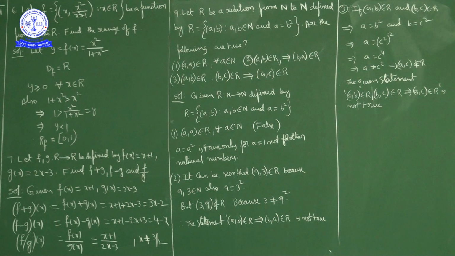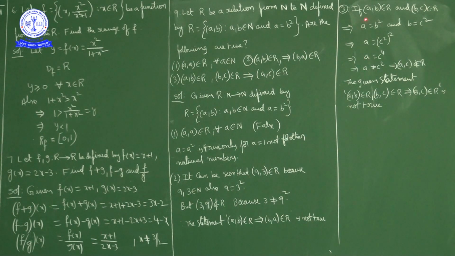But (3, 9) does not belong to R because 3 is not square of 9. So the given statement is not a true statement.